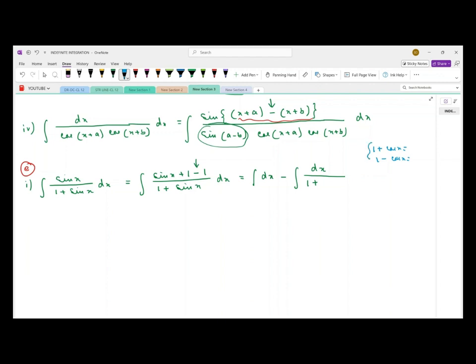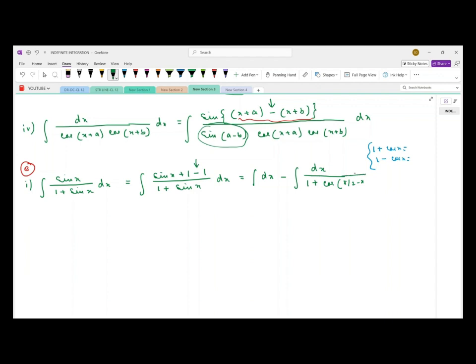This is the main reason why I don't want to keep it in the form 1 plus sin x. I want to take it to cos. So instead of sin x, I'm going to write here cos of pi by 2 minus x.